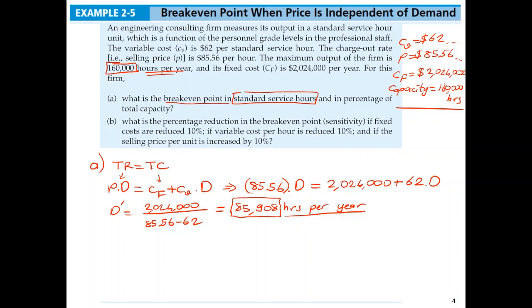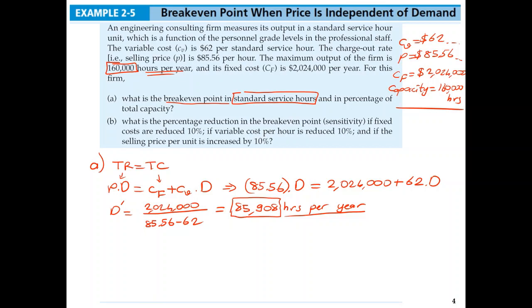In the second part of the question, it asks that in percentage of total capacity. We found this value, but this is the break-even point. In the second part, it asks for the break-even point as a percentage of total capacity. And what is the total capacity? It's given here. The total capacity is 160,000 hours. So if we use 85,908 hours, what is the percentage of this one?